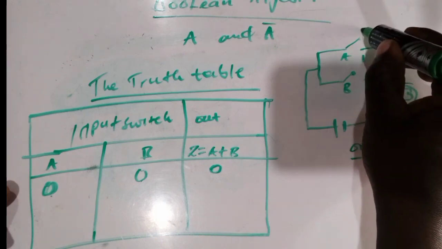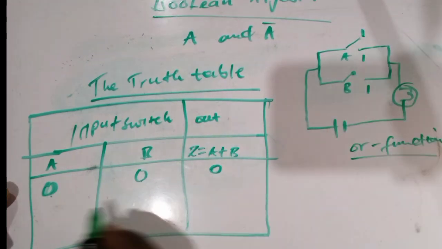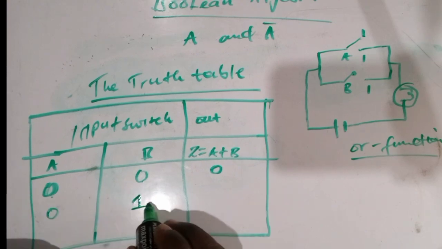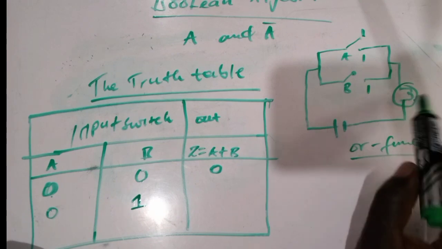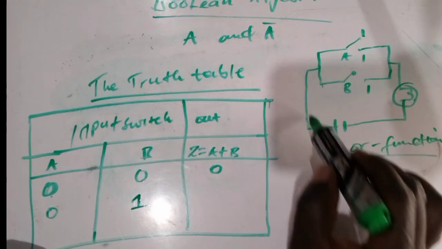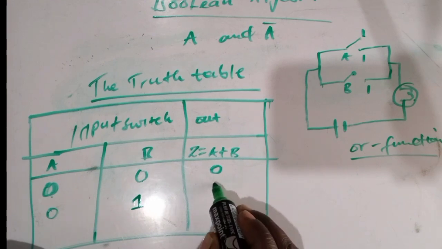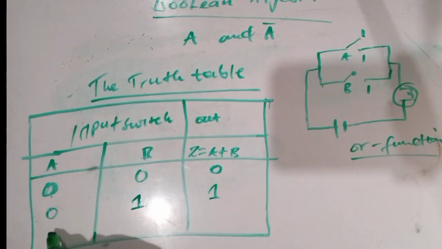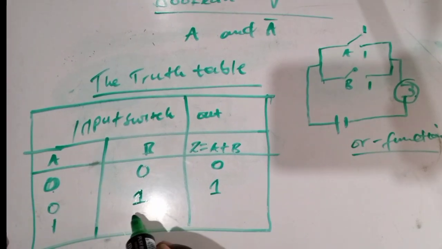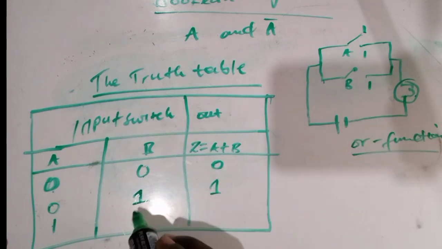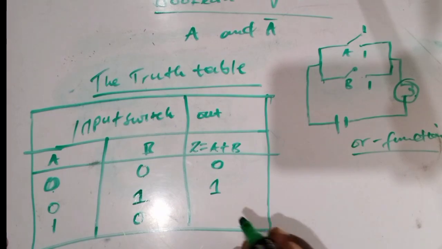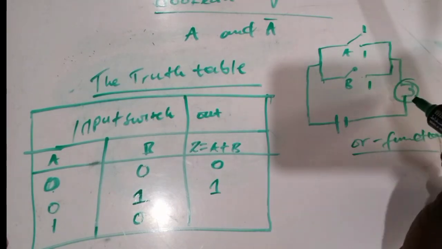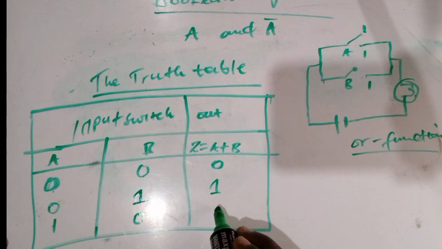When you close A here, the bulb will be on, because this is a connection, so we are going to have 1 here. What if we close A and leave B? We didn't close B, we closed A. Whenever you close one of the switches, the bulb will be on, so our output will be 1.